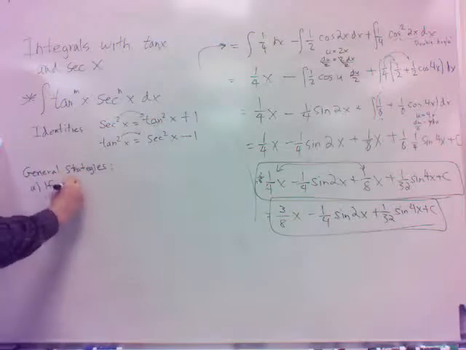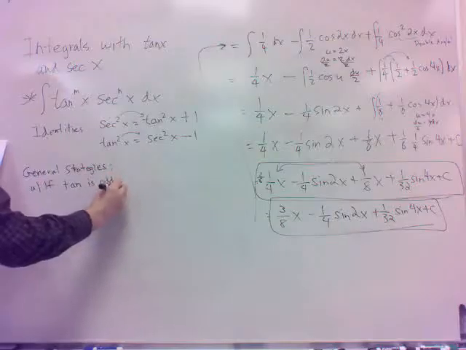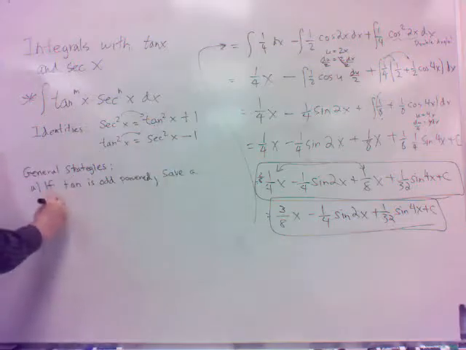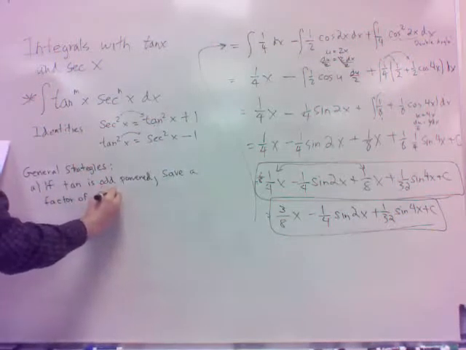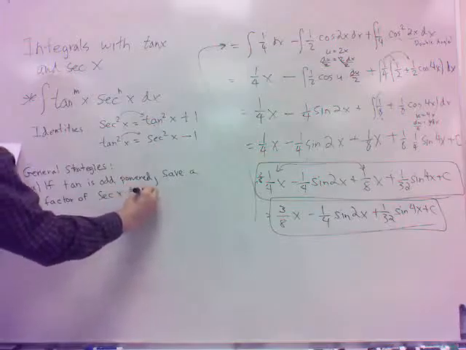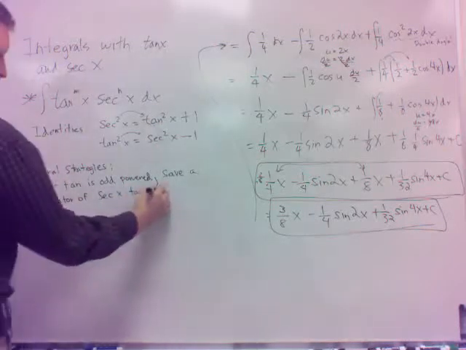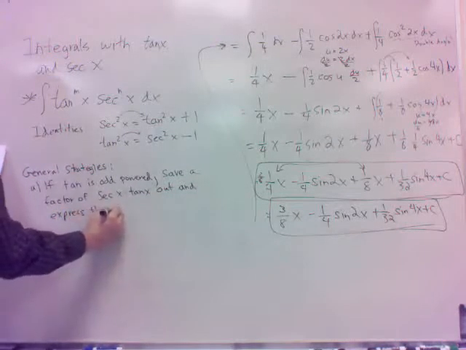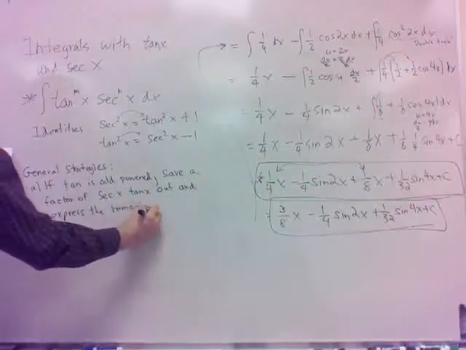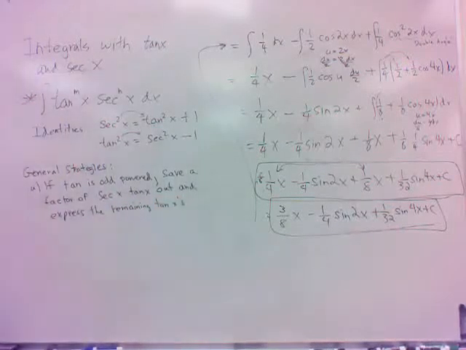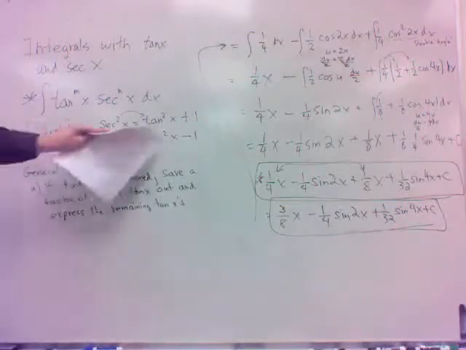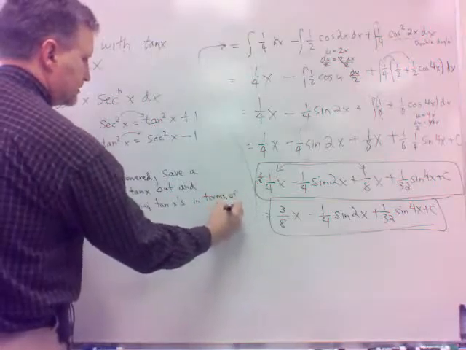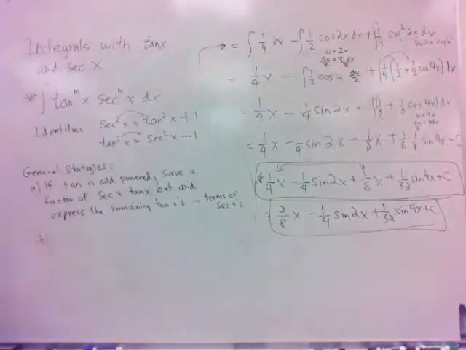A, if tangent is odd power, save a factor of secant tangent out, and express the remaining tangents in terms of secants, using this identity. Okay, that's what you do if the tangent is odd.